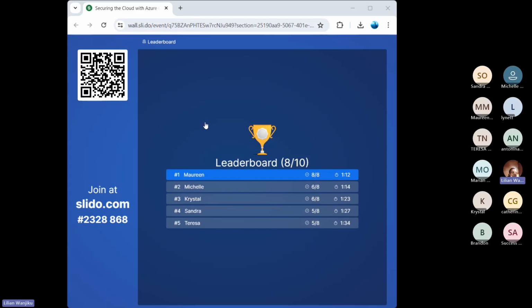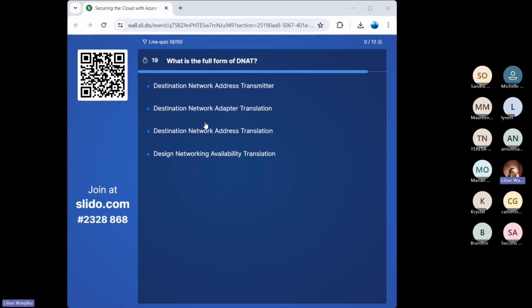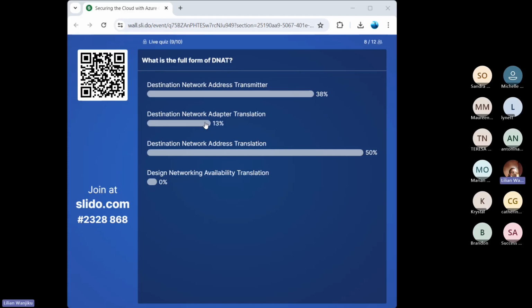The next question is, what is the full form of DNAT? We discussed DNAT on Azure Firewall, and we discussed DNAT and SNAT and how they are used, and I also explained the full form. So you can try and check and be careful with the answers. I think we just voted according to the way we remember, and some of us voted maybe due to time.